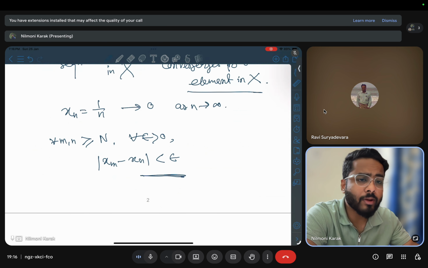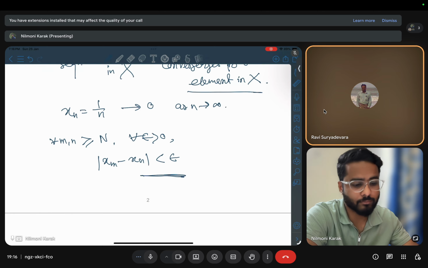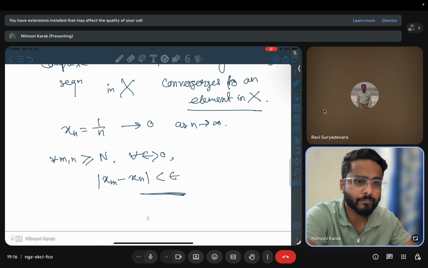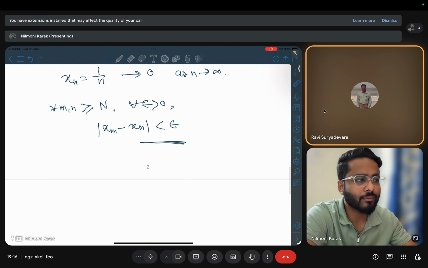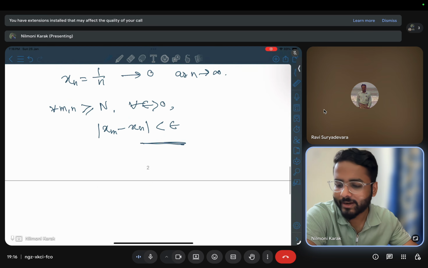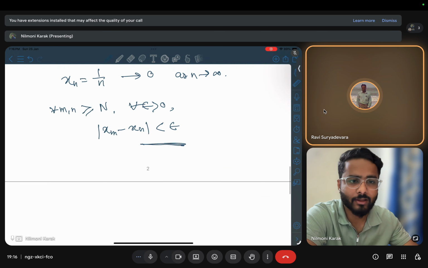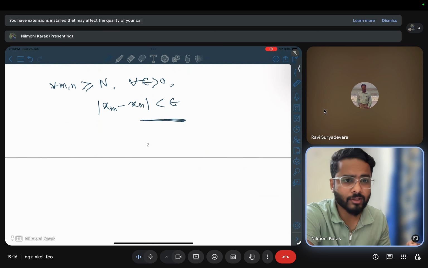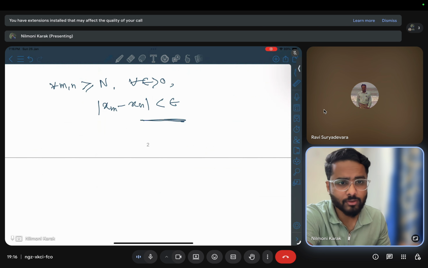Otherwise it is incomplete. So in a complete space the limit is within the set. A field is a different thing, these are structures. I'll discuss it later.